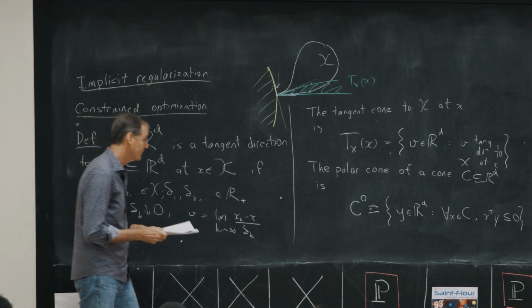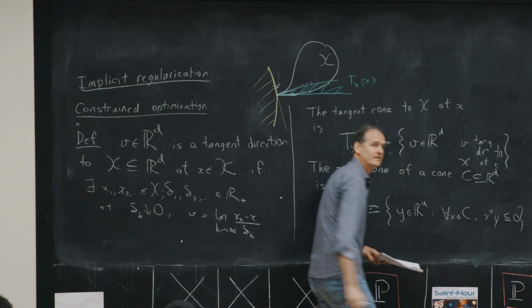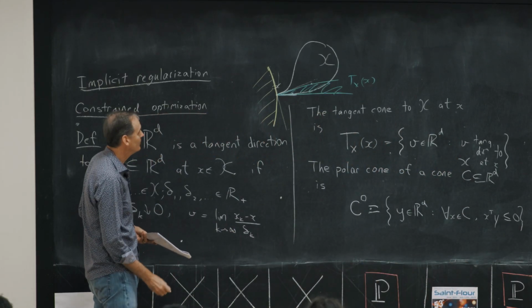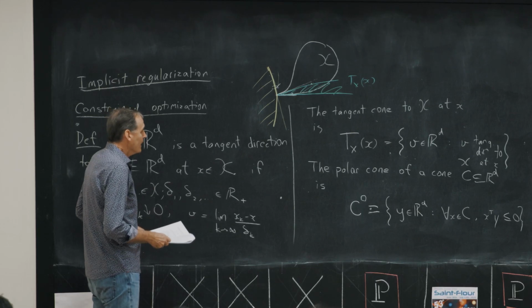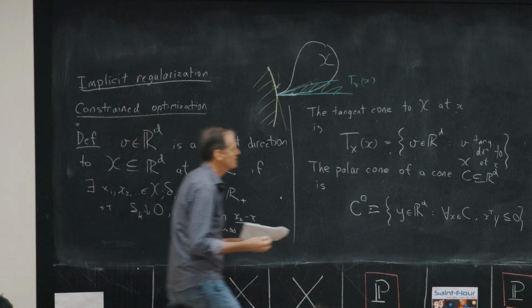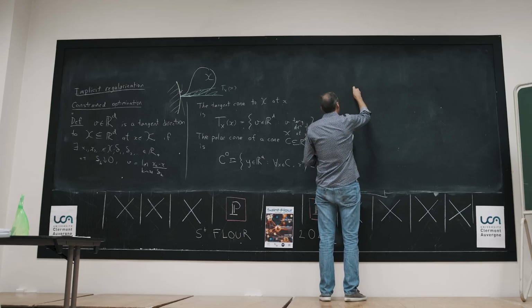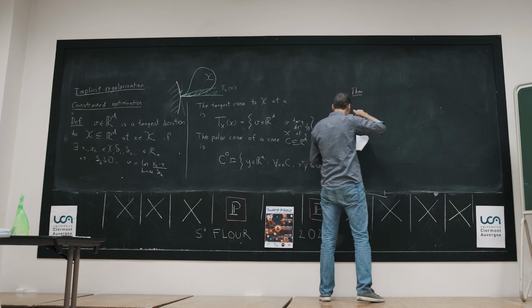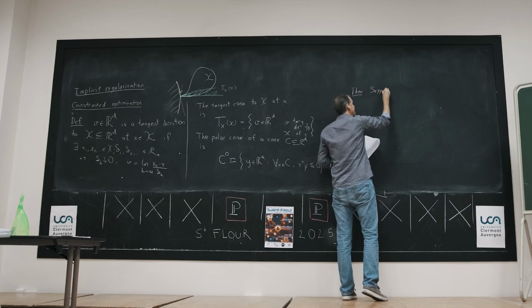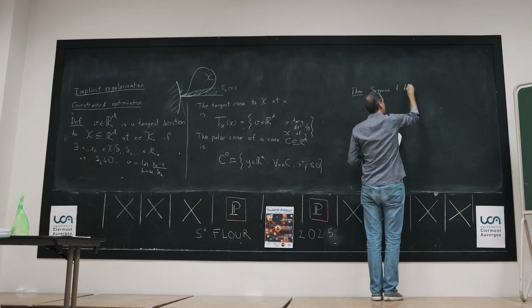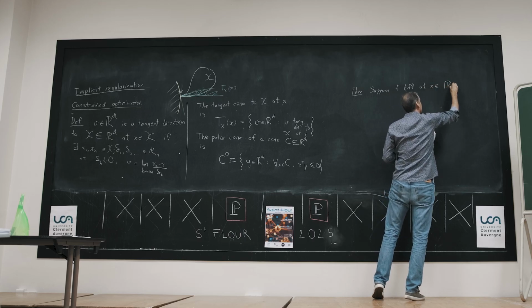Of course, this is an intersection of a bunch of half spaces, so it's a convex set and clearly a cone. Last time I wrote this theorem: suppose f is differentiable at x in R^d.